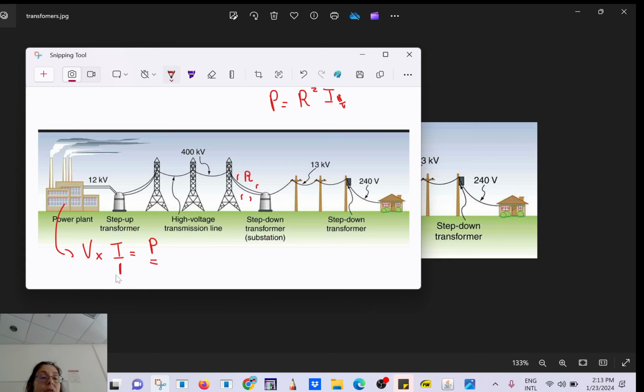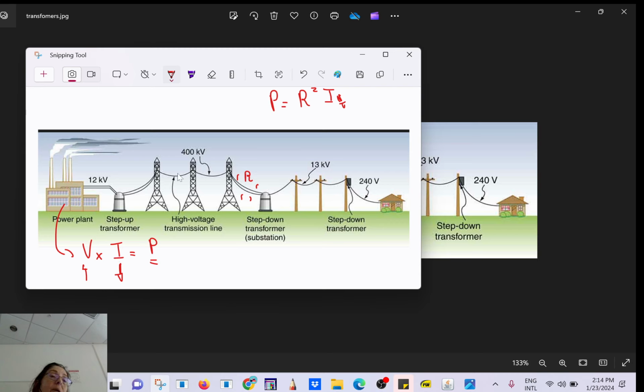You want to decrease the current flowing here because you want to decrease that loss of energy because of heat. What can you do? If you decrease I and you want to have P the same, what can you do here? You have to, very good, you have to increase the voltage.